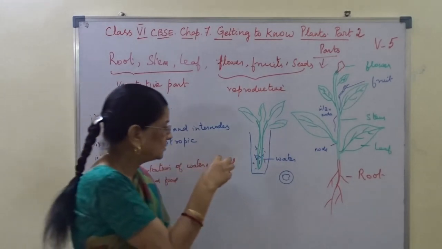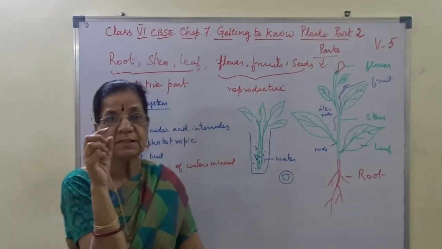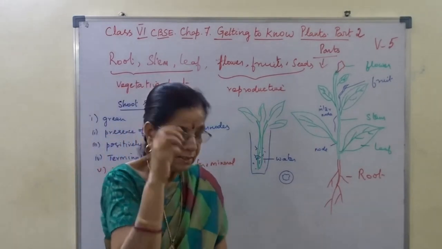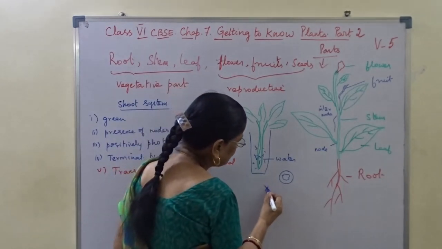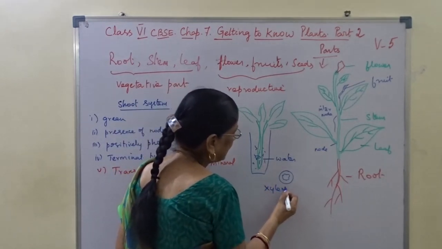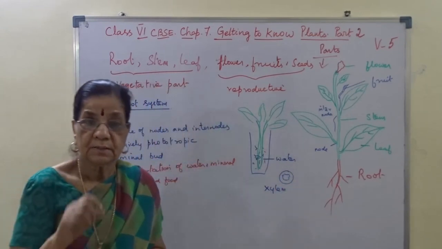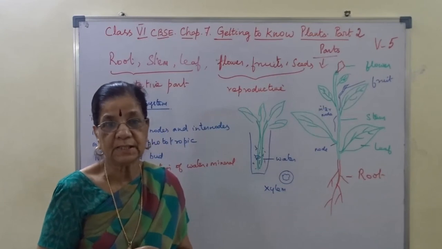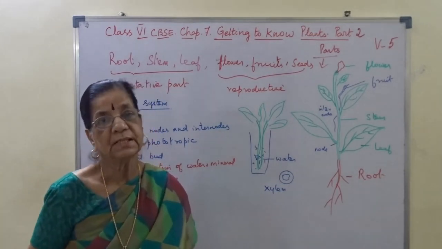Now I have added blue color. So you find the tubular portion that is called the xylem, the vascular tissue. In the xylem portion, it will be blue in color, showing that water enters through the stem.